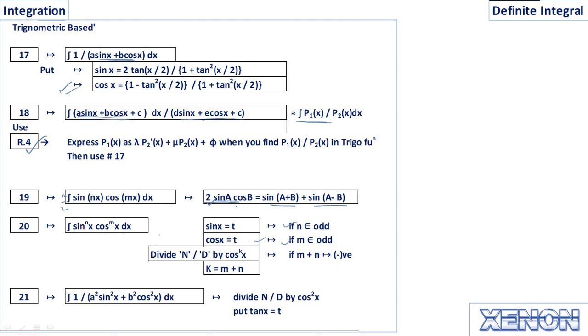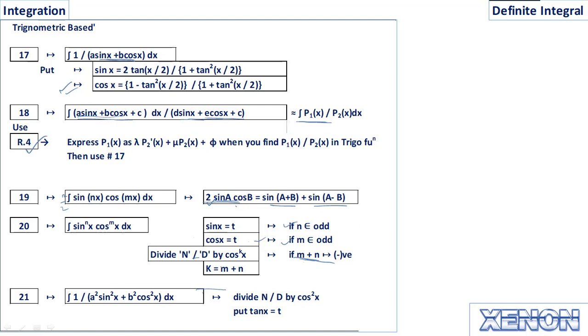If m plus n is negative, suppose m is minus 7 and n is 2, then m plus n will be minus 5, right? So when m plus n is negative, we will divide numerator and denominator both by cos to the power k x, right?